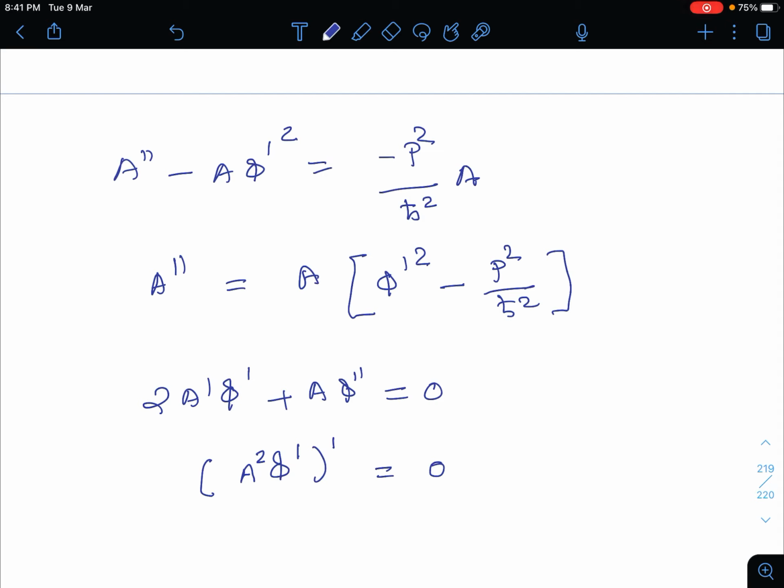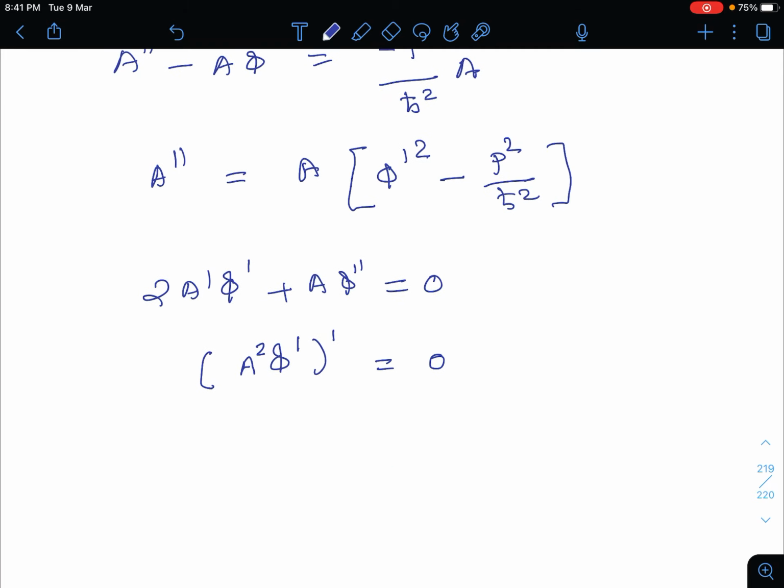This is correct, no? So that becomes 2a dash. This is 2a dash phi dash plus a square phi double dash is equal to 0. Just cutting the a, so this is 2a phi dash plus a phi dash.